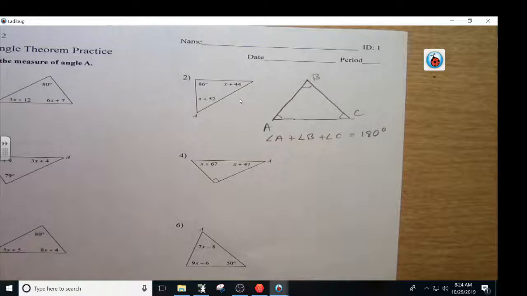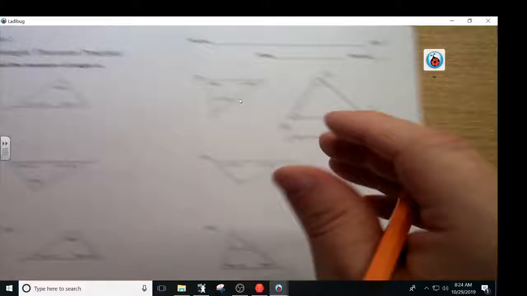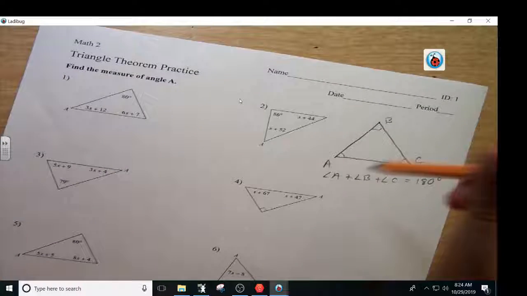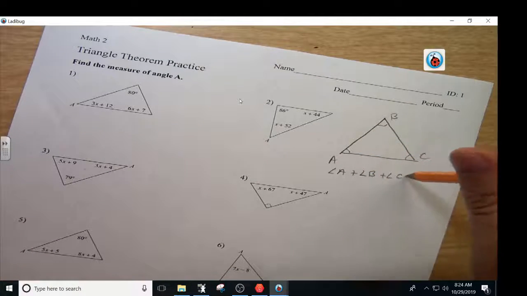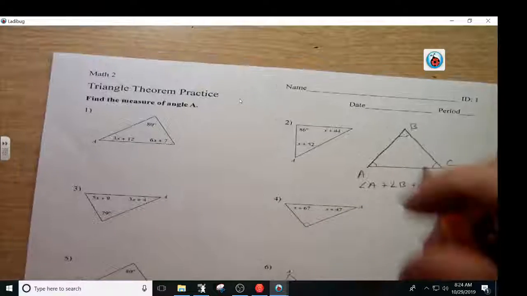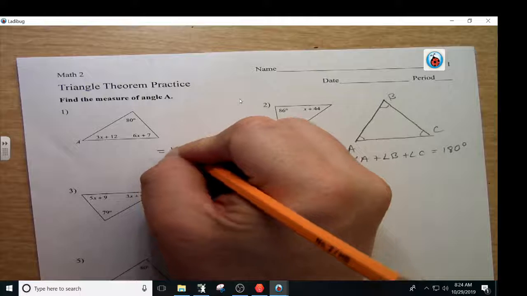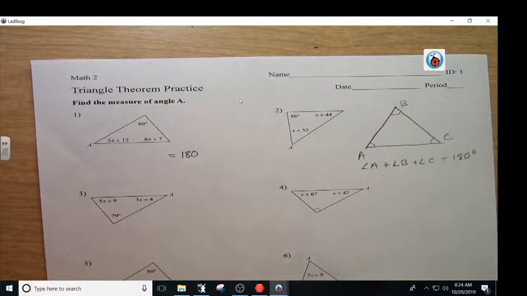Let's look at number 1. Now, don't forget the theorem. Angle A plus B plus C is 180. So all these angles have to equal 180, so you know for a fact that you're going to set something equal to 180.